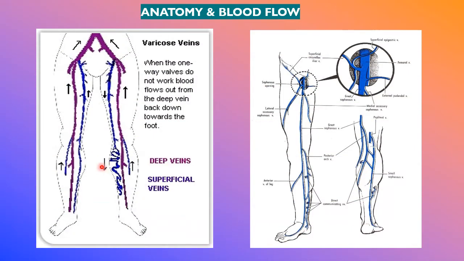To understand the mechanism of varicose veins, it is very important to appreciate the venous anatomy of the lower limb. There are two main systems, the deep system, the dark blue around here, and a superficial system, the shaded blue. The superficial system and the deep system drain the lower limb of blood into the femoral vein and above.